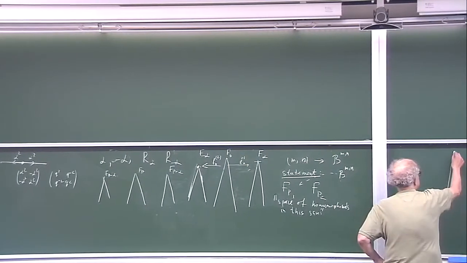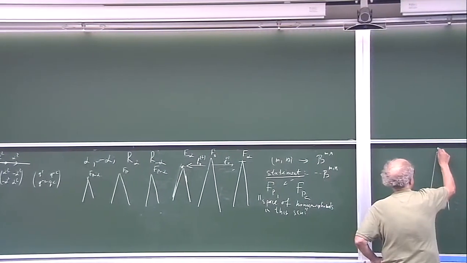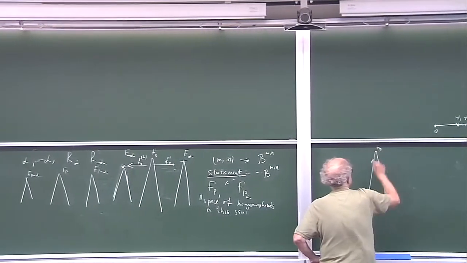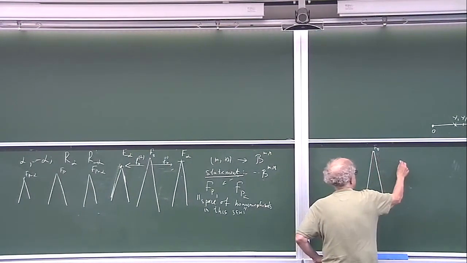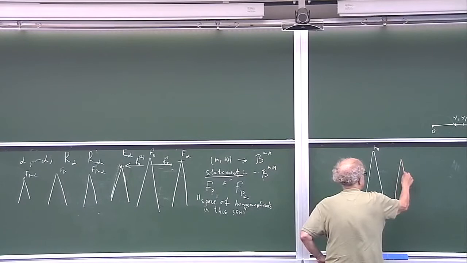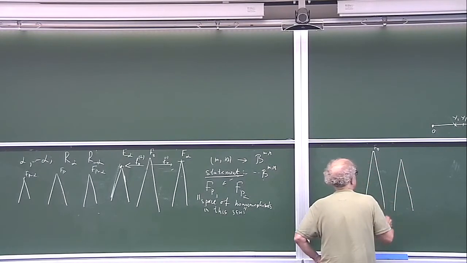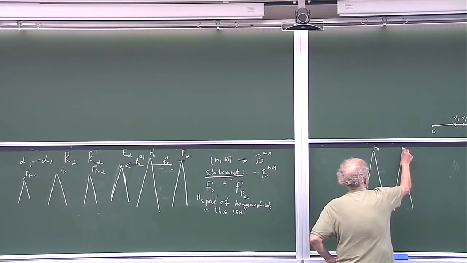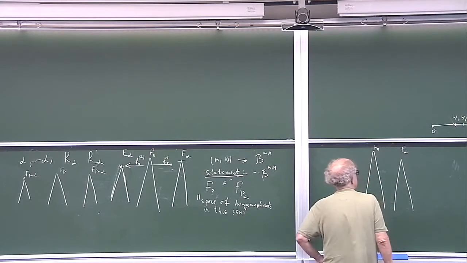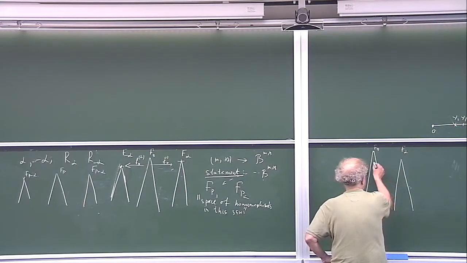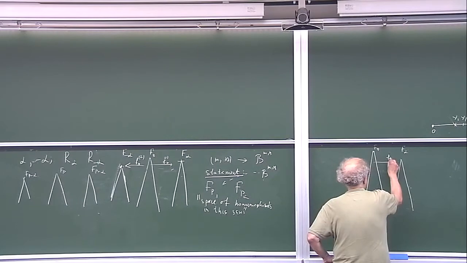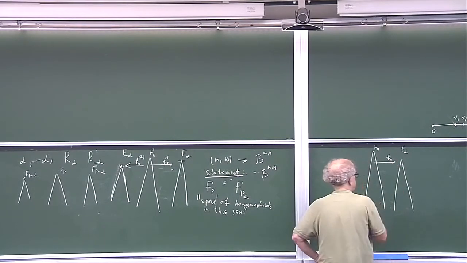We have Fock space, and we have F alpha and we have F0 acting from this to this.